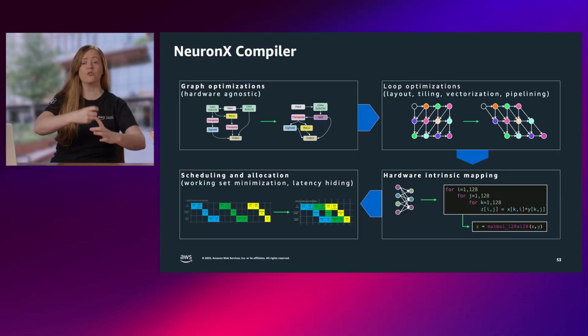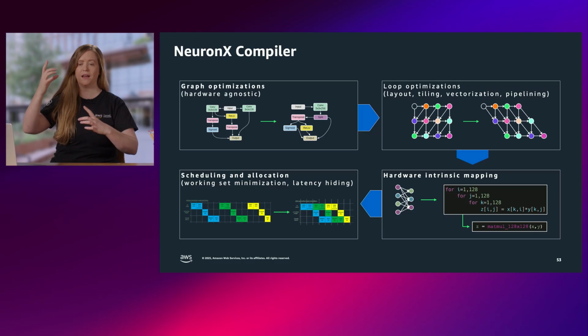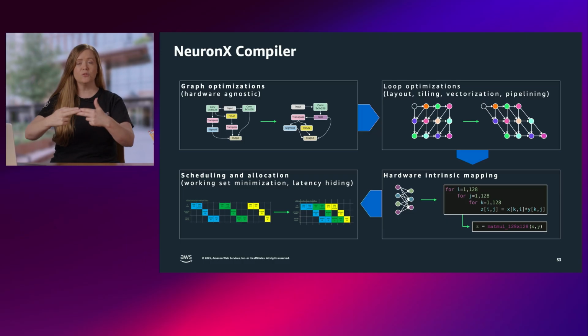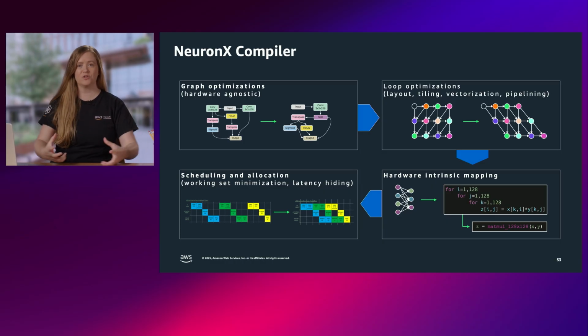And then after that second phase, we move into the third phase. It's called hardware intrinsic mapping. Hardware intrinsic mapping means we look at the optimized loop that we defined in that second phase of the compiler and then map the key operations from that into the instruction set architecture. And the instruction set architecture are the core capabilities and the core functions that are possible through the hardware natively.